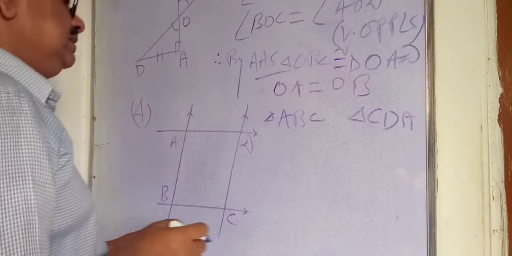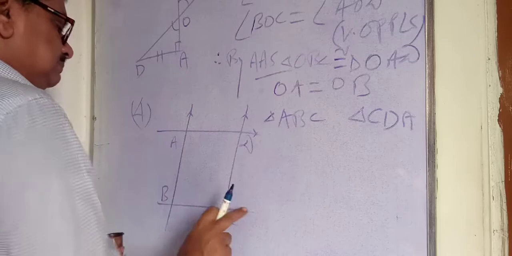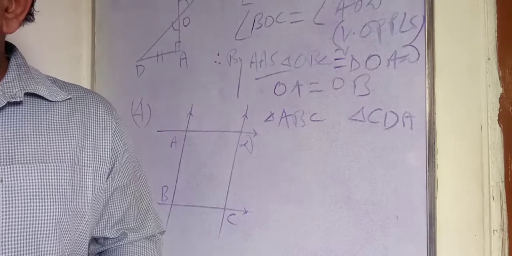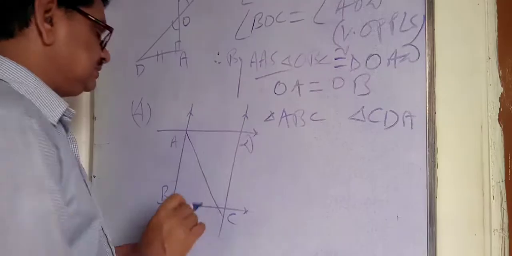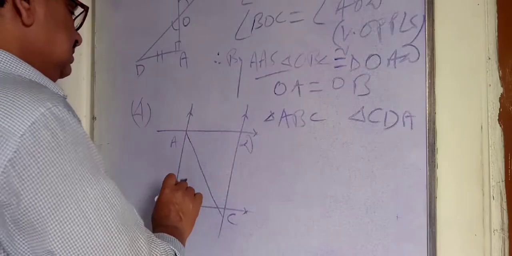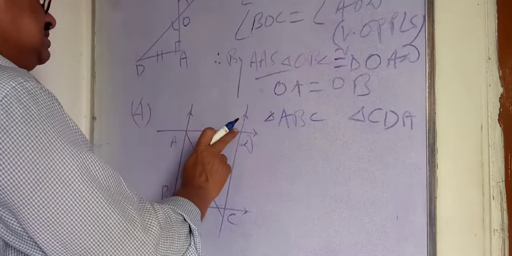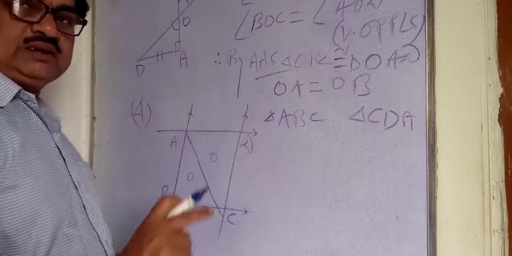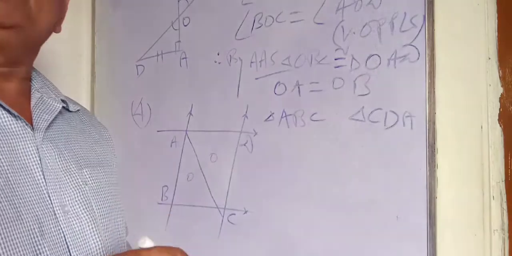It was to be proved, and here these two lines are parallel and these two lines are parallel, and we have to prove AC will be joined together. We have to prove triangle ABC congruent to triangle CDA. It has to be made congruent. So see, since this is parallel to this and this is parallel to this, so completely it is a parallelogram where opposite sides are equal.